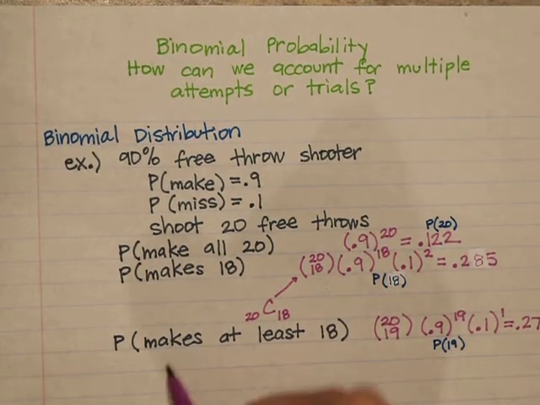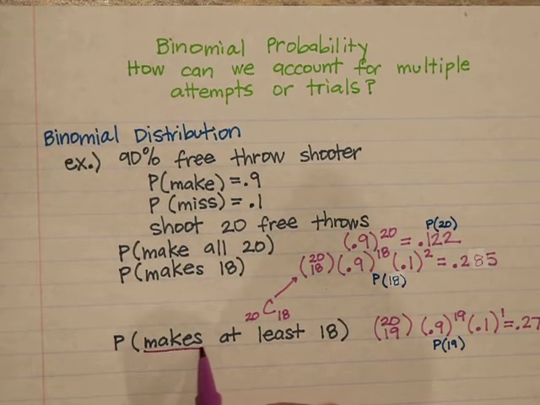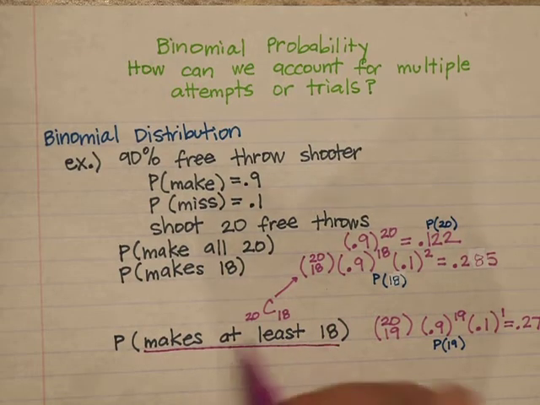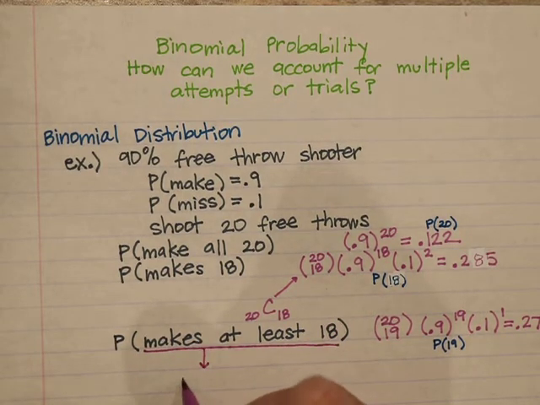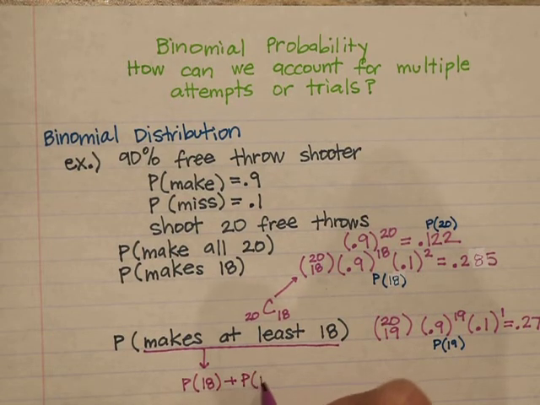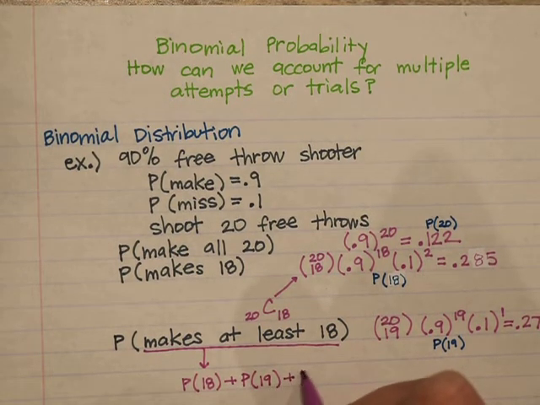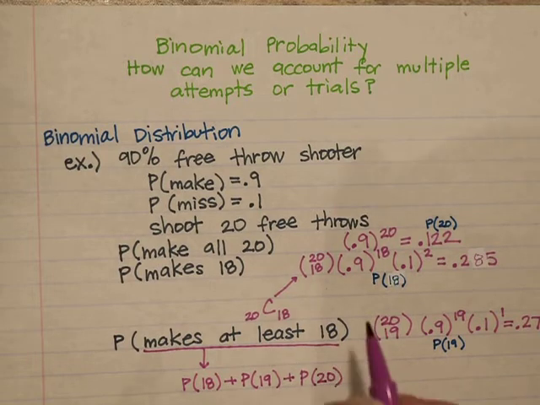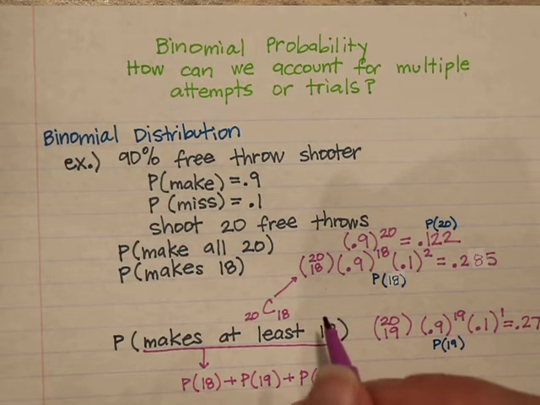Well, to make at least 18, that means I want to account for the probability of making 18 plus 19 plus 20. So I'm going to add up my three fractions. What do I got?